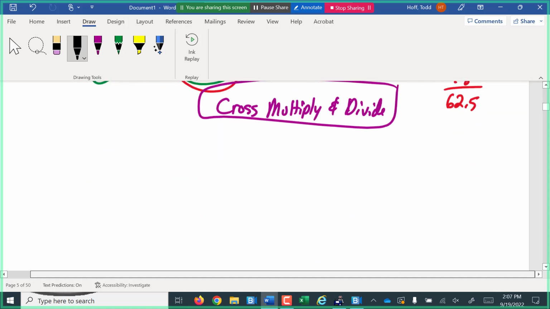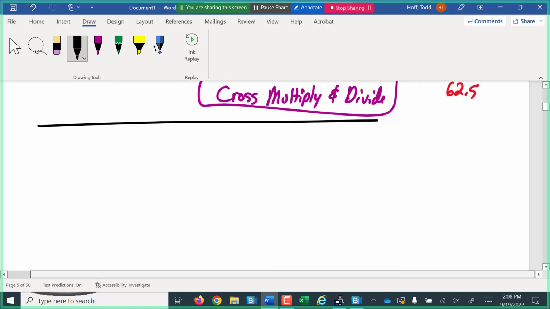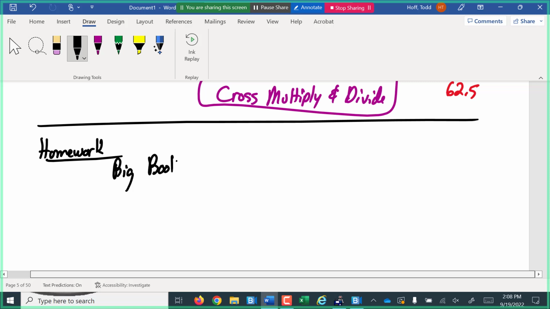Okay, well, for that we have about 13 minutes left here. So I'm going to give you your homework. Your homework is all out of the big book. In the big book, page 153 through 154, it's labeled Exercise 3-19.